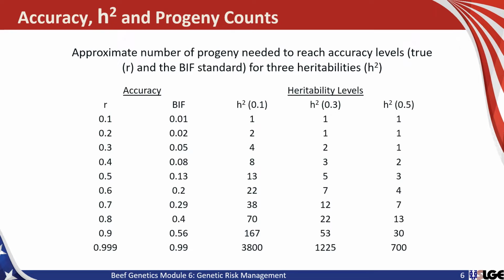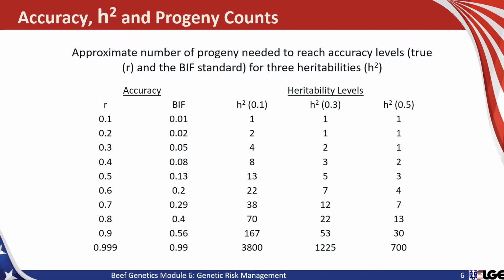This table presents relationships between accuracy in the classical form as R, or BIF accuracy, and its connection to heritability. So this is a table of the approximate number of progeny needed to reach various accuracy levels under the R or BIF standard scales. 3 different heritability levels are reported.